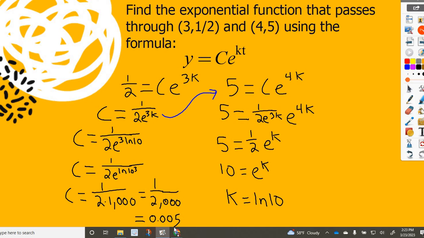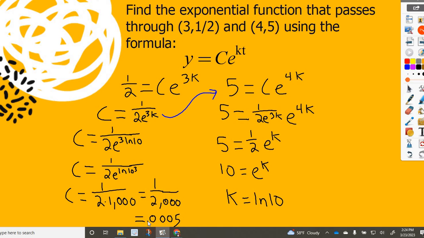It needs to be 0.00025? No, it's 1/1000th, which is 0.001, and then you divide it by 2, which would be 0.0005. Do we agree? Yes.